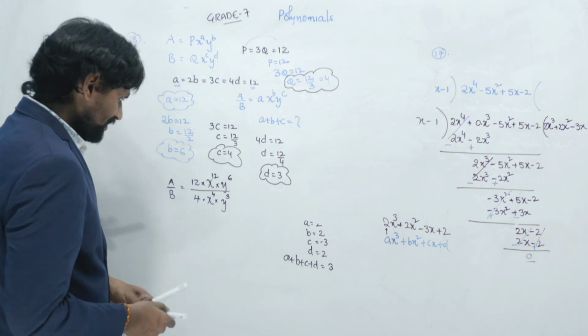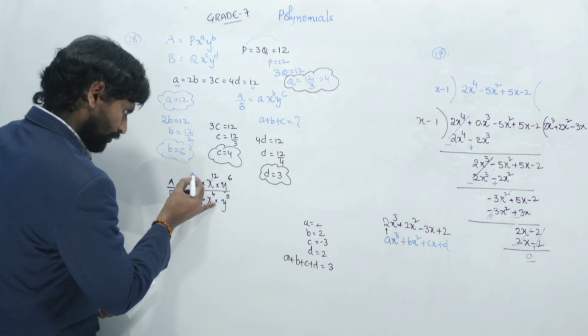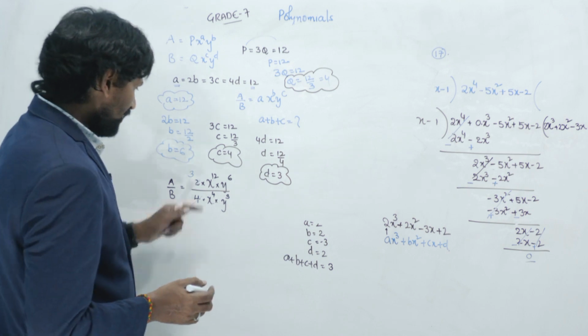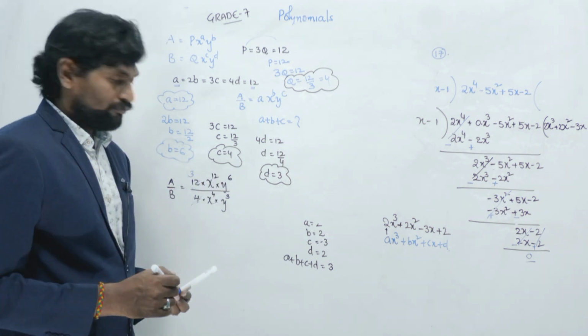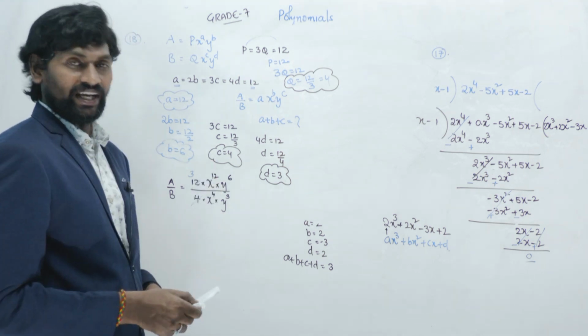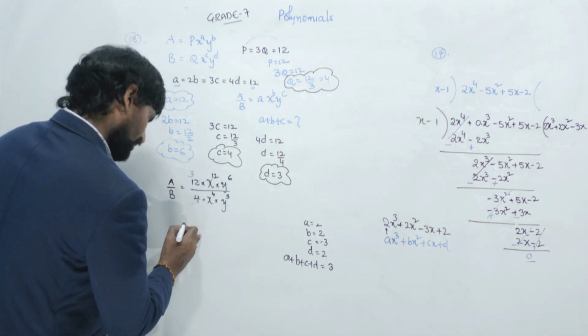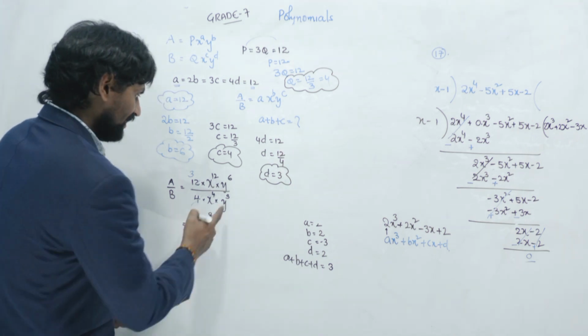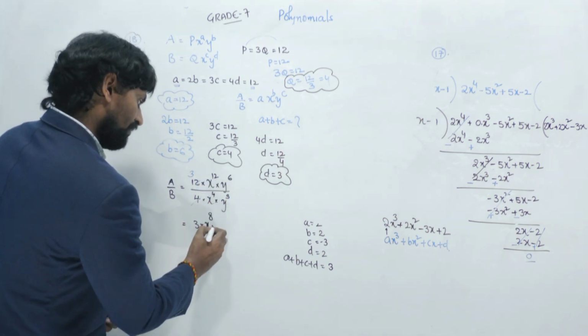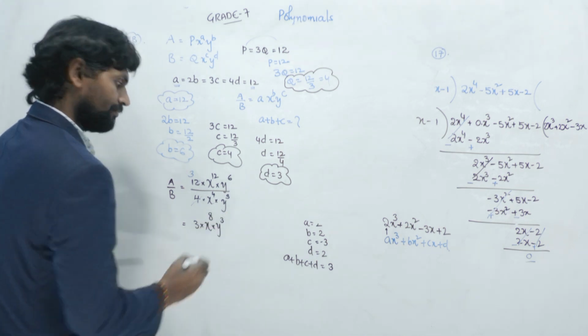Now try to do the cancellation. 4 threes are 12, cancel. x power 12 by x power 4. So x we have to cancel, then x power 8 will be. Therefore the result will be 3 into x to the power of 8 and y power 6 by y power 3 is nothing but y power 3.